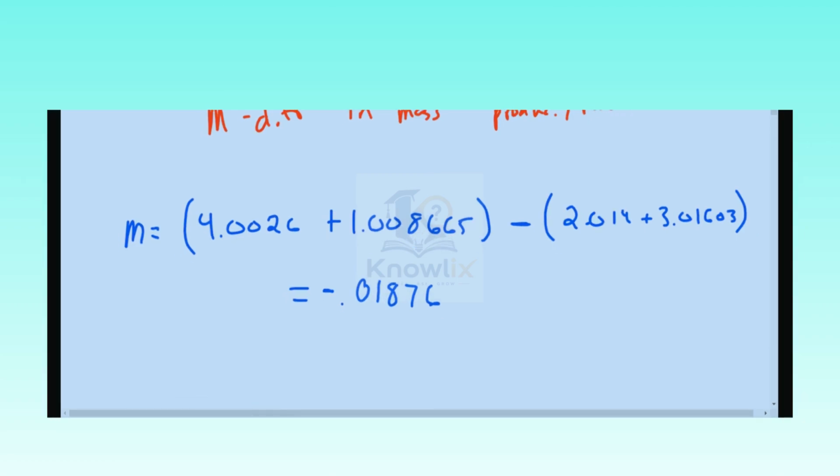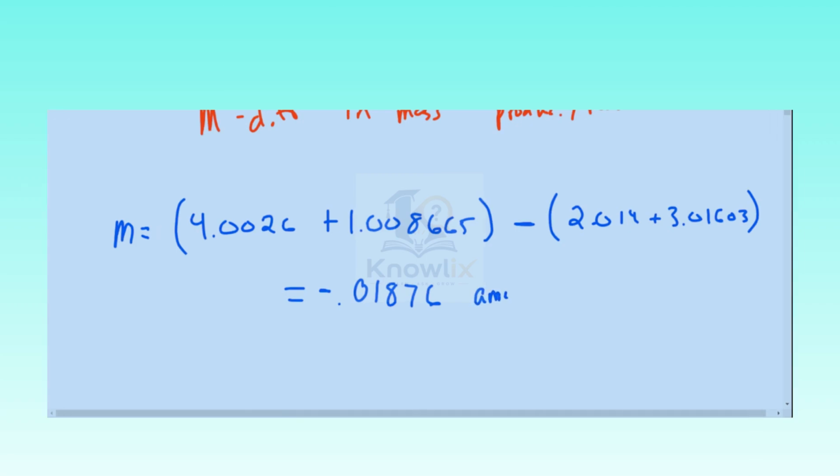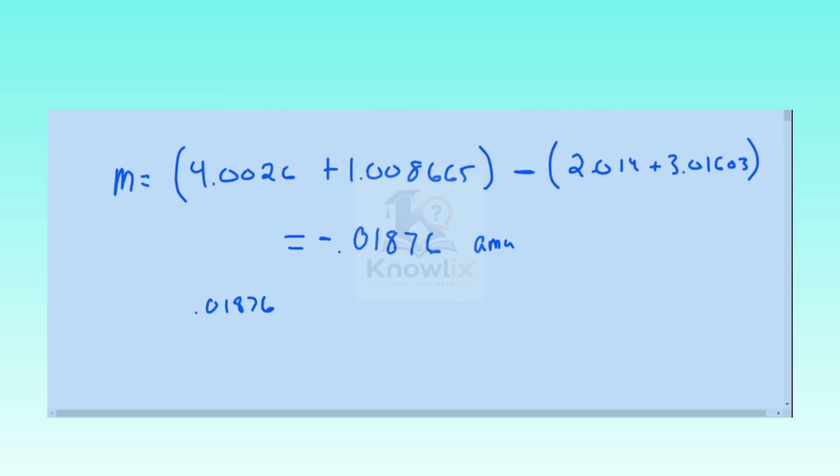This is in atomic mass units, and if we want this in kilograms, we have to do a conversion. You can think about using Avogadro's number, but it's nice to just know the conversion: for one atomic mass unit, in the denominator so it can cancel out, we have 1.66 times 10 to the negative 27th kilograms.